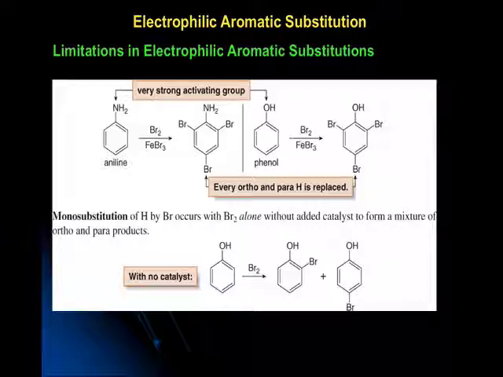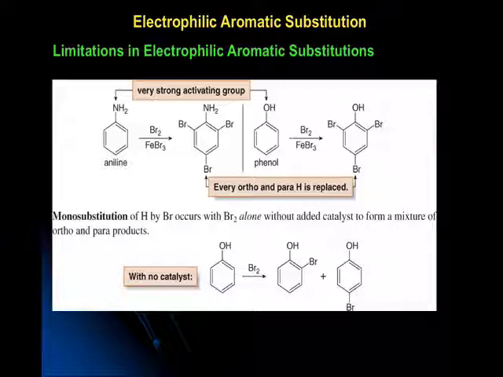Very hard to just put on one bromo group because the aniline is such an activated ring, it overreacts. So if you want to make a tribrominated aniline, this is a great way to do it. If you want to make monosubstituted aniline, a little more difficult.